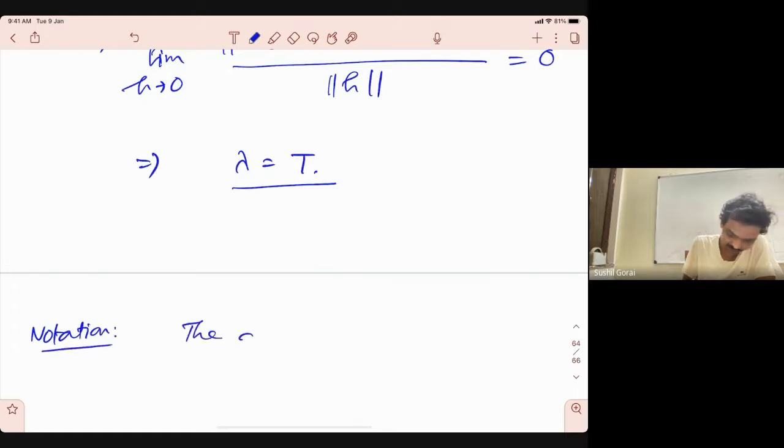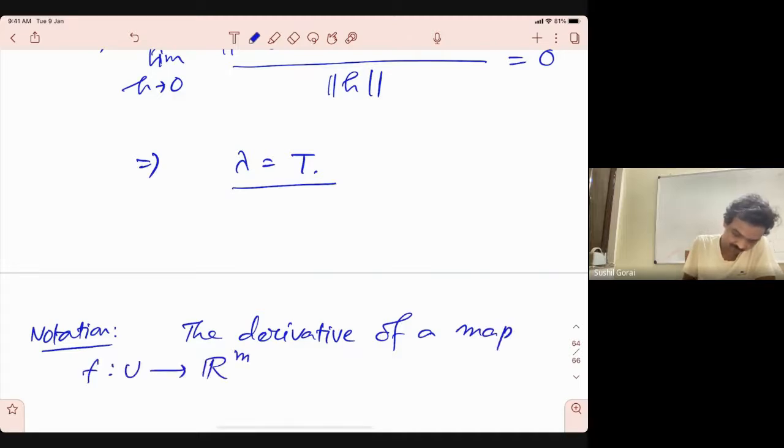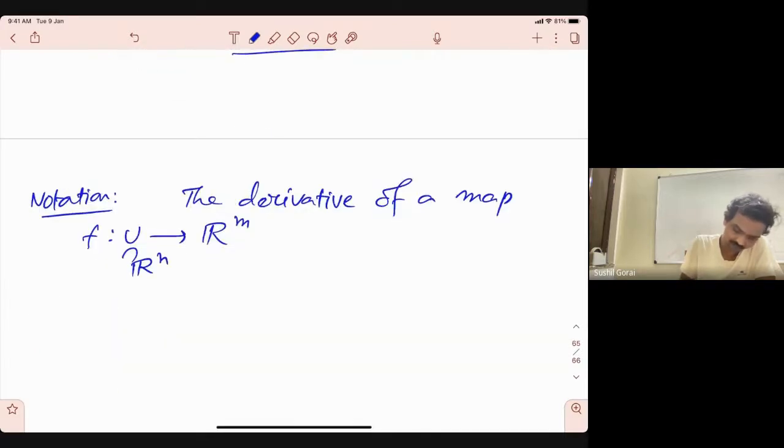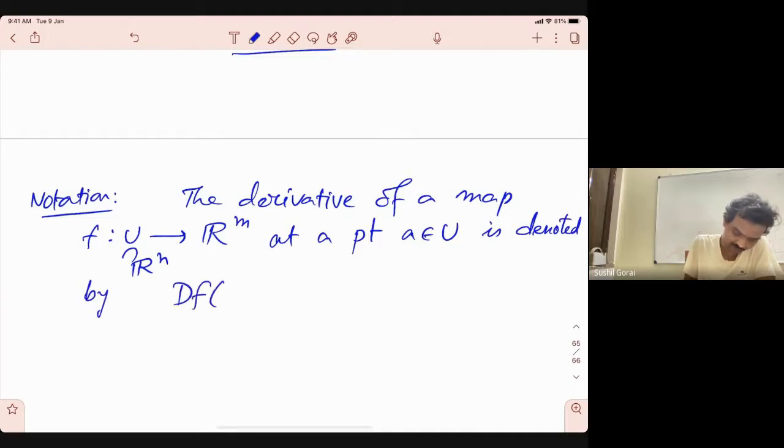The derivative of a map f from U to Rn, where U is a subset of Rn, at a point a in U is denoted by df at a.